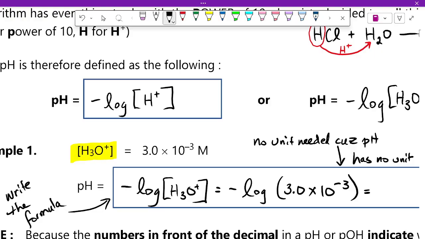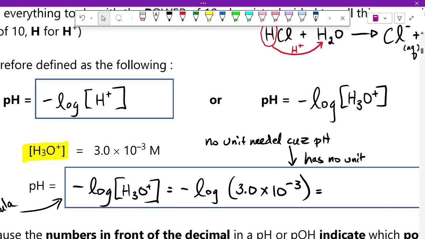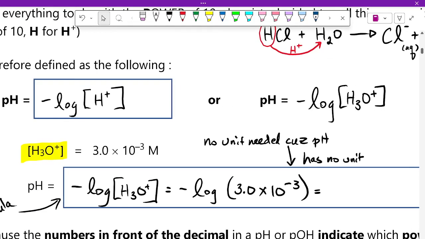And what do you get? 2.5? We get, well, I'm going to write the whole thing down. I'm going to say we get 2.5229. All right.